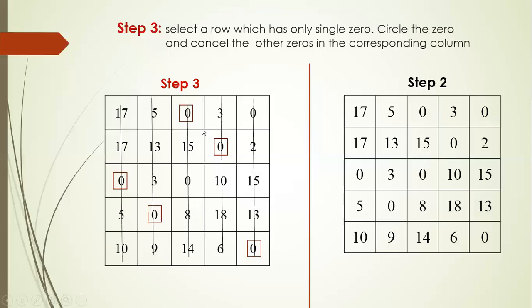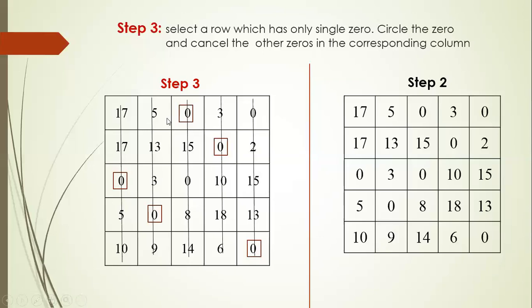Then you have to check whether each row has a single marked zero, which means we get the optimum solution. First row has a marked zero, second row has a marked zero, third row has a marked zero, fourth row has a marked zero, fifth row. So we get the optimum solution. If any row is left out without a marked zero, we move on to step 4.